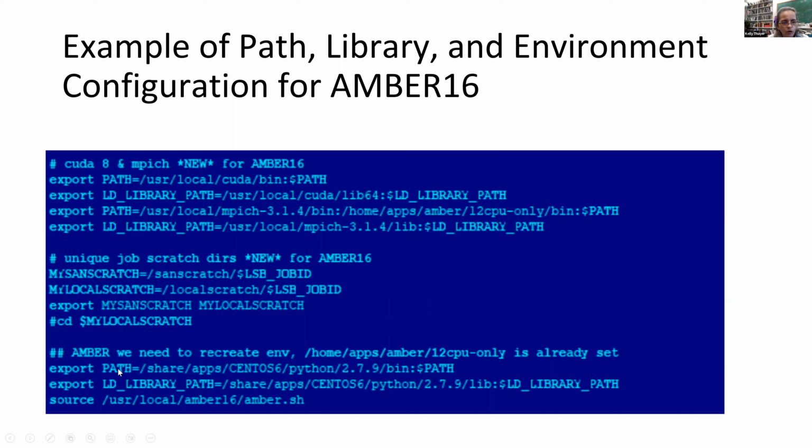We also need to set up the environment. There could be some paths to set up for this. So here we are adding this to the path variable. Also, we have the load library path, and we are also sourcing this script. To source a script means to actually run this script, as though I type ./ and the name of that script.